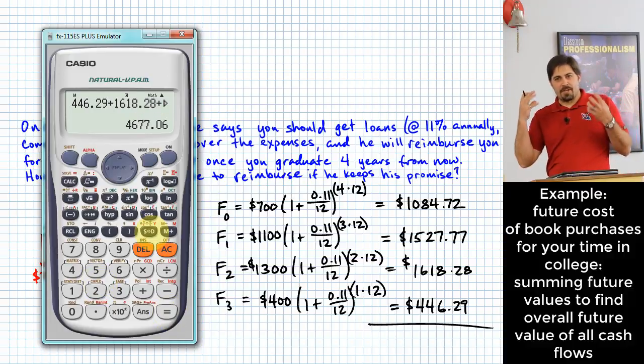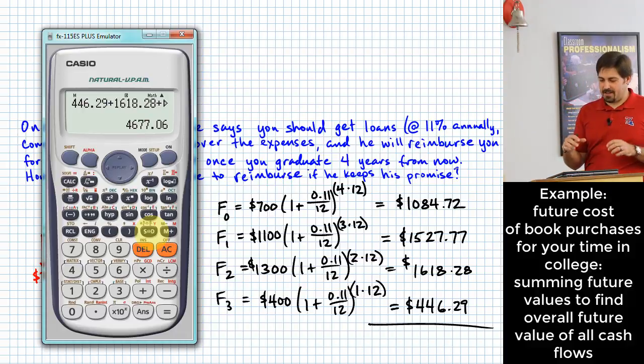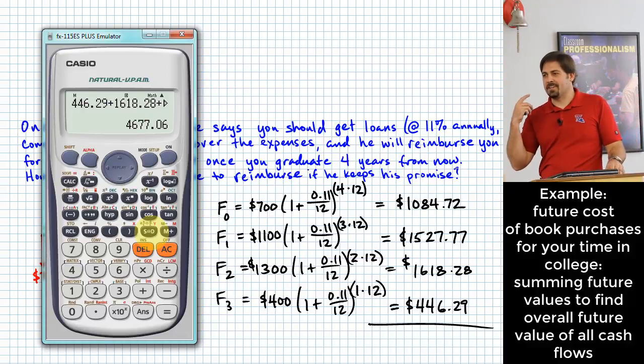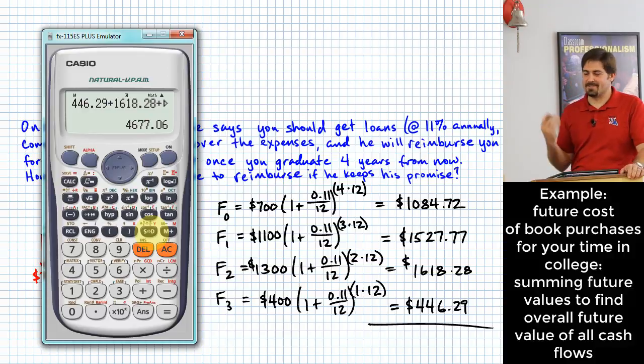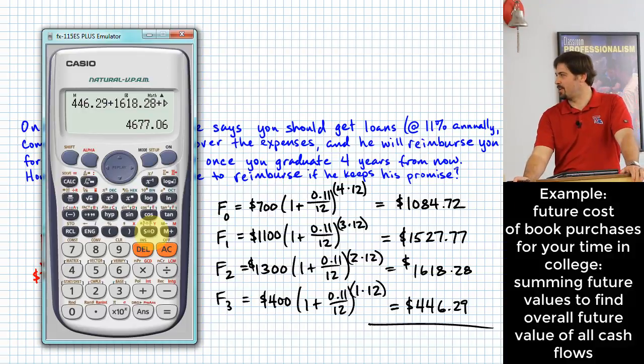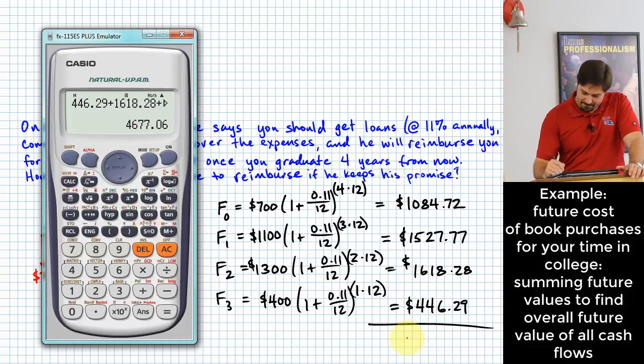I don't know if any of you have the sound of a printing calculator going in your ears while I did that, but mentally I was thinking that's the sound effect we should have. All right, 4677.06.